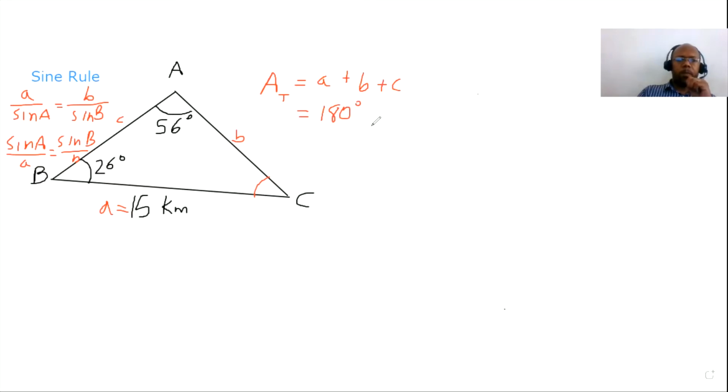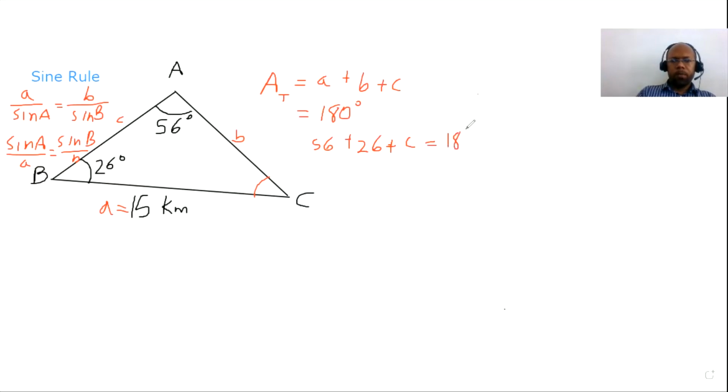Okay, so we know A already is 56. So 56. We know that B is 26 plus C equals 180.